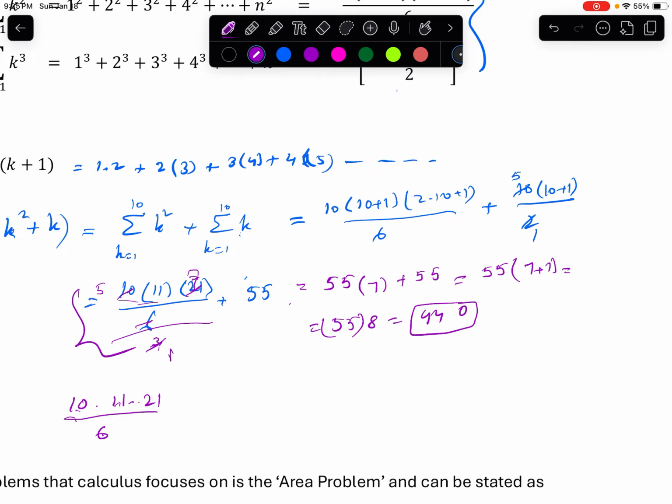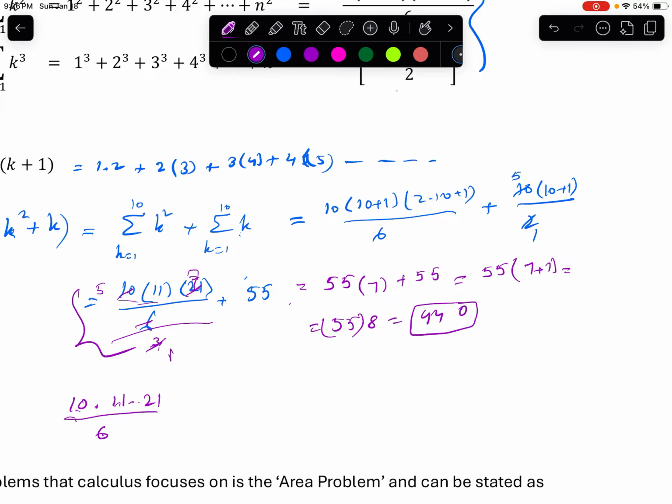But I see an even number on the top, which is the 10, and I see an even number at the bottom. Since the numbers on the top are all being multiplied, we can do the cancellation, simplification of the fractions right here.